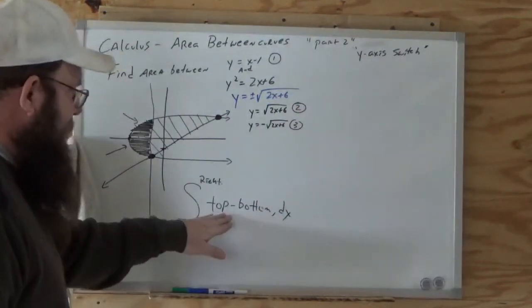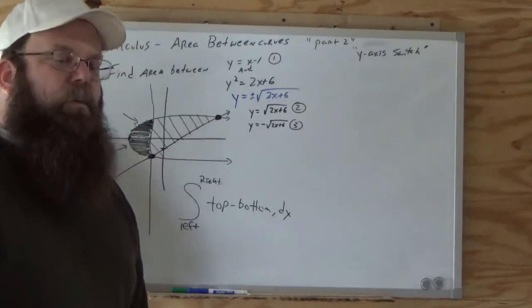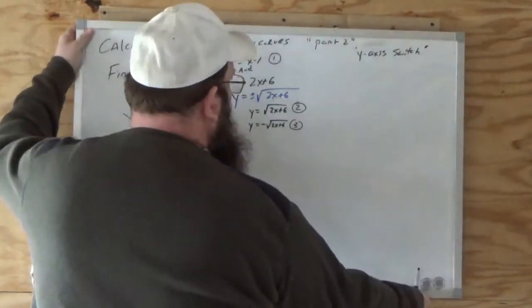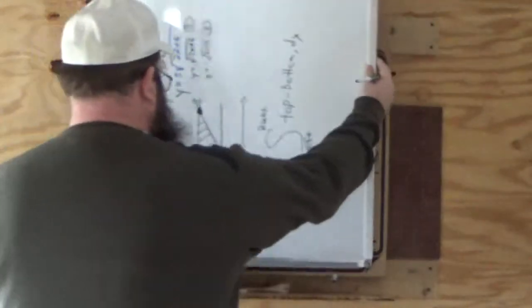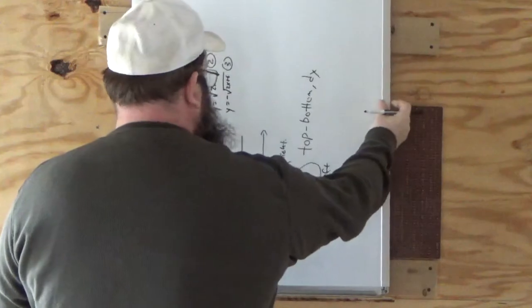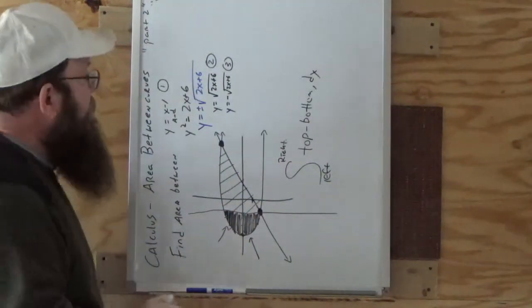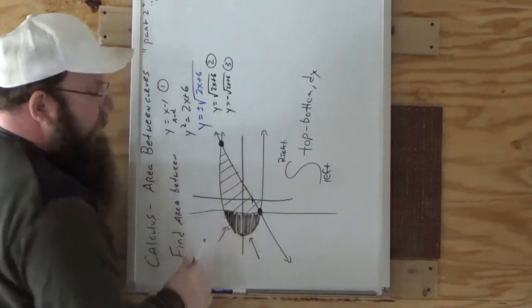So I'm going to leave that written there because we're still going to do that. But what we're going to do is rotate this. So here's what we're going to do. I'm going to rotate this, and I want you to look at it like that. Now look at that picture. Left to right, top minus bottom.